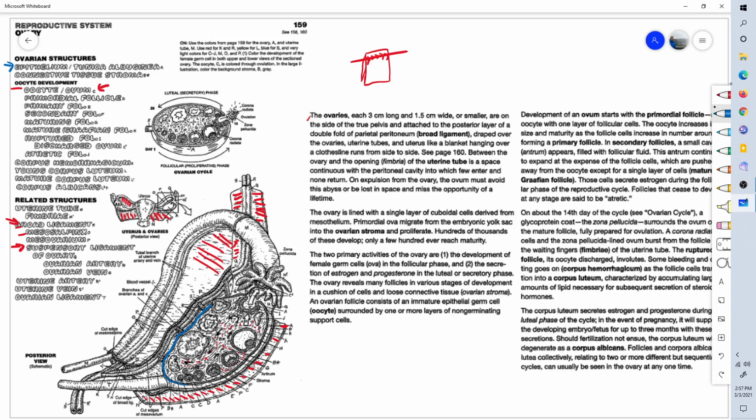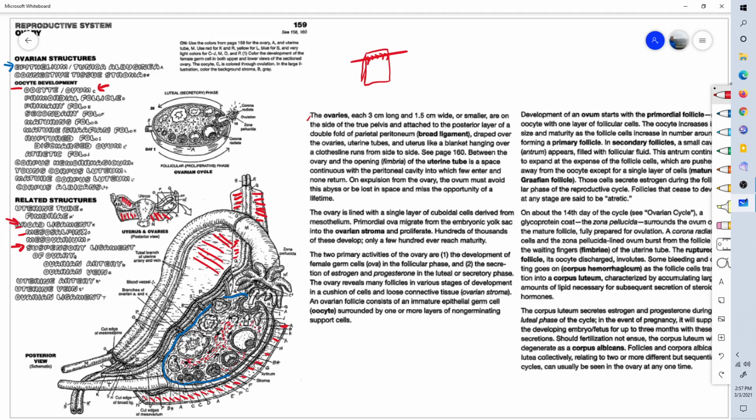Of course, the broad ligament is outside of this, surrounding it, the tougher layer, but this is a thin epithelial layer. Now inside where I made all those dots, this is called the stroma of the ovary. It's just the general inner area of the ovary consisting of connective tissue.